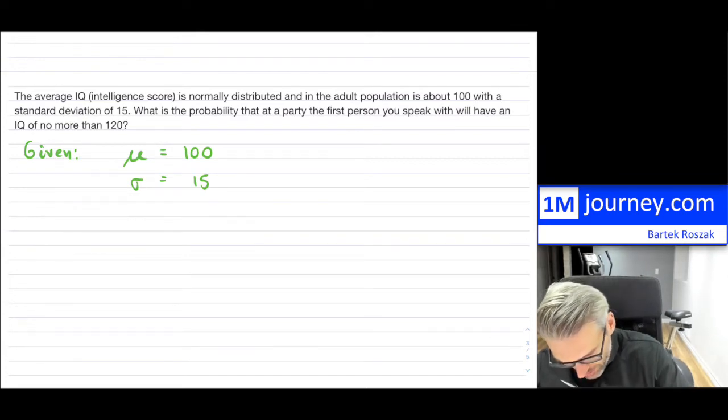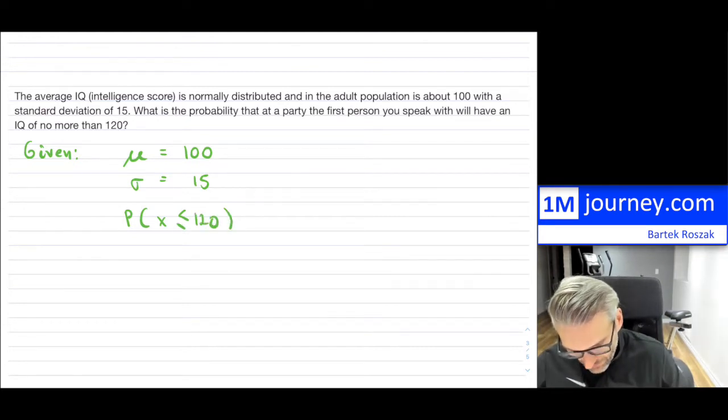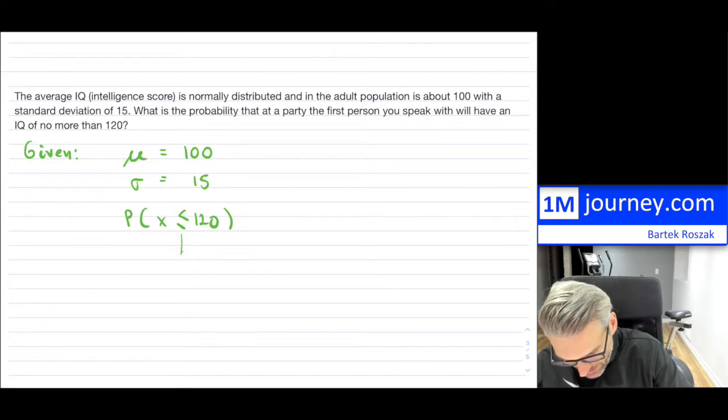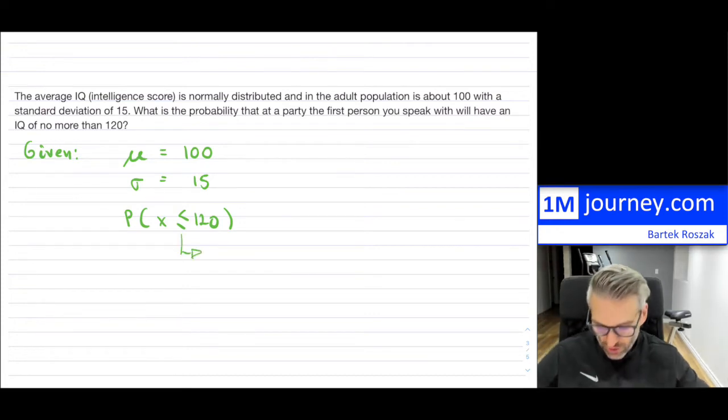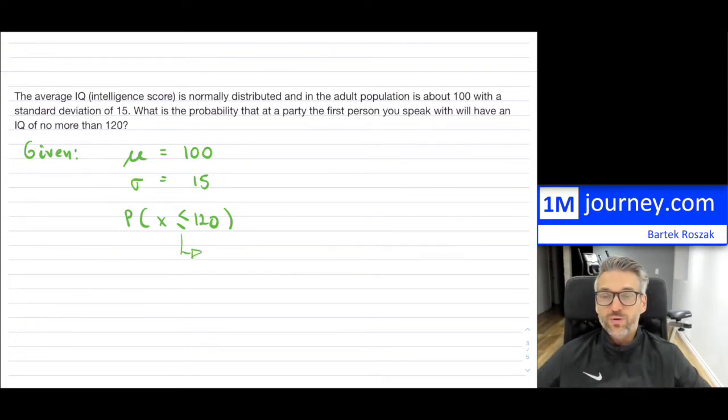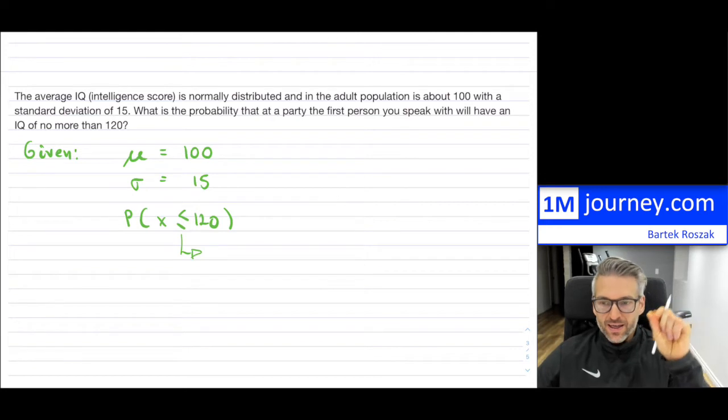And we want the probability, and now this is no more than 120. So x, it's not greater, no more. So we have no more than 120. Now, notice that it doesn't actually matter if you include 120 or you don't include 120 when you're doing these continuous probability distributions, because of one particular point, it won't matter.